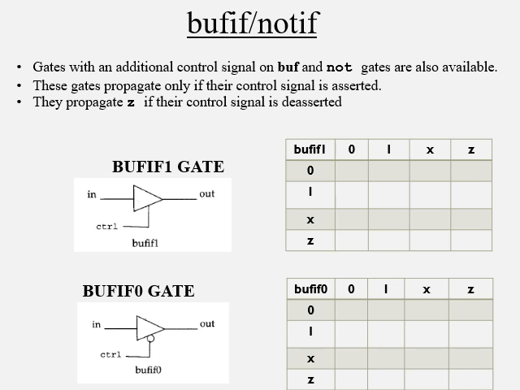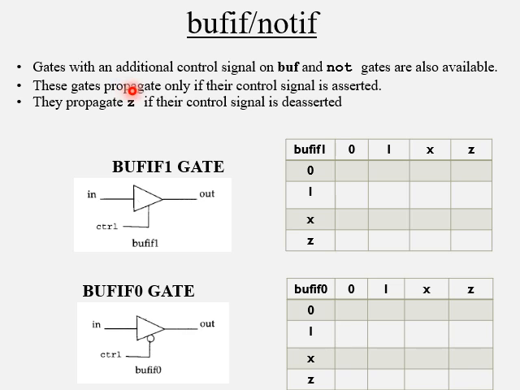There is one more type of gates in the second category, that is buff if and not if gates. The difference between the buff if and not if gates is that they have an additional control signal, called CTRL here.